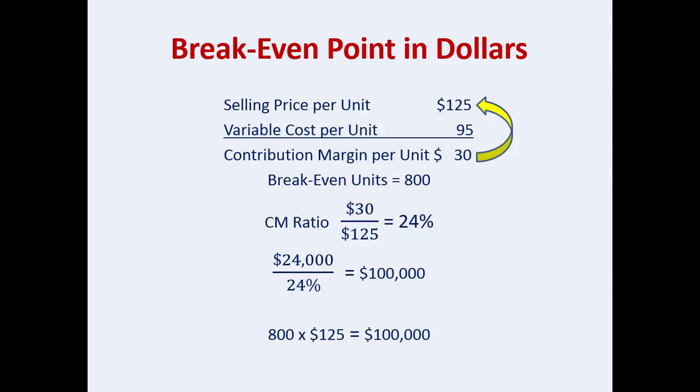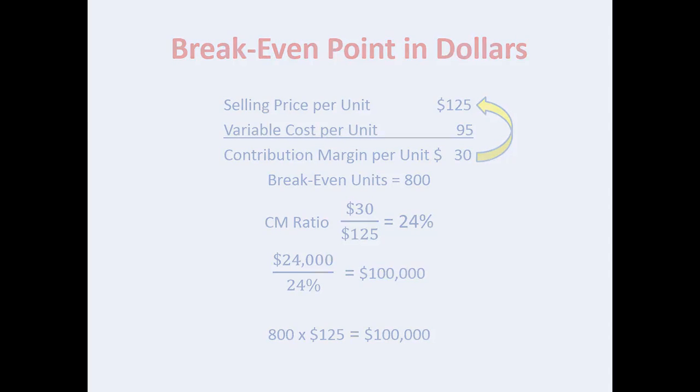Then I take the fixed cost, 24,000, divided by that ratio. So that means to break even, I have to sell $100,000 worth of sales. Now double check your numbers, take the original units, multiply it by the sales price, and it gives you the break-even in dollars.